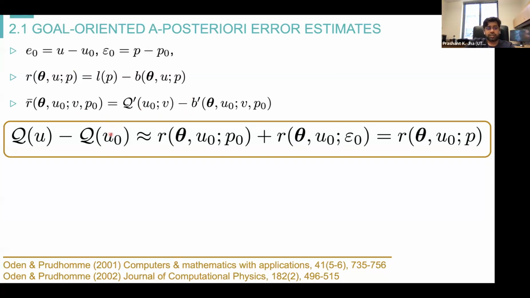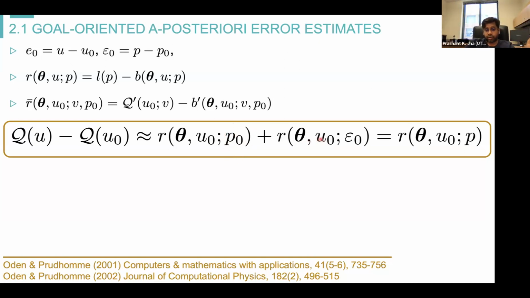Now, given these notations, one of the estimates of this goal-oriented error takes this form. U0 is a solution of a surrogate problem, so it's easier to evaluate. So assume that we have U0 already. That estimate is basically the residual evaluated at the given approximate solution U0 and the given approximate adjoint solution P0.